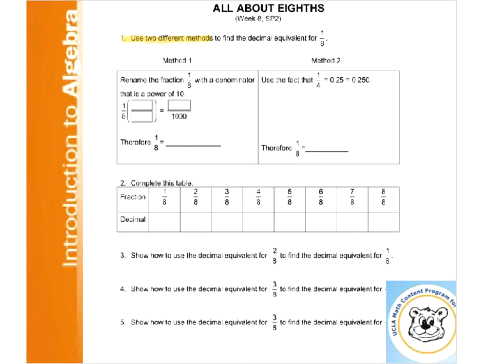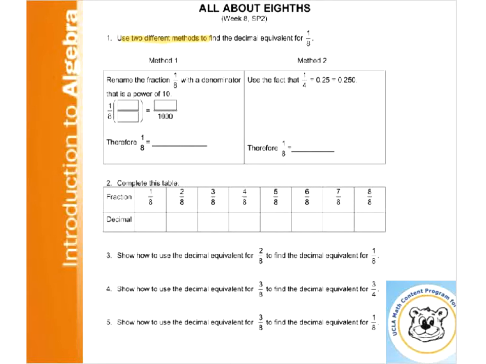So one way to come up with the decimal equivalents for 1/8 is to think about renaming the fraction so that the denominator is a power of 10. I know that I can't rename 1/8 with a denominator of 100, but I do know that I can rename 1/8 with a denominator of 1,000.